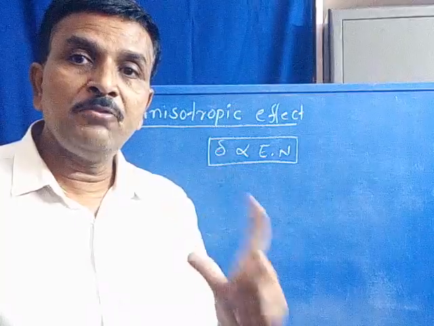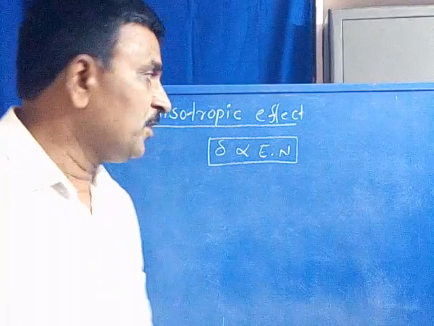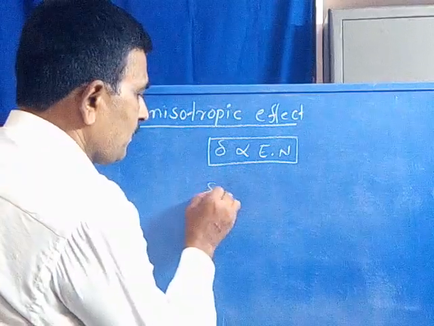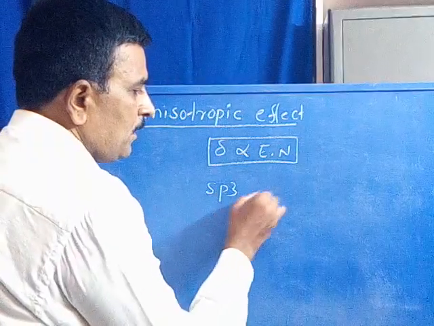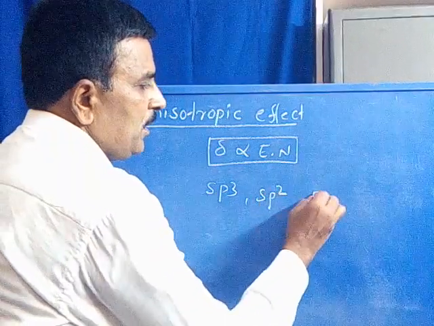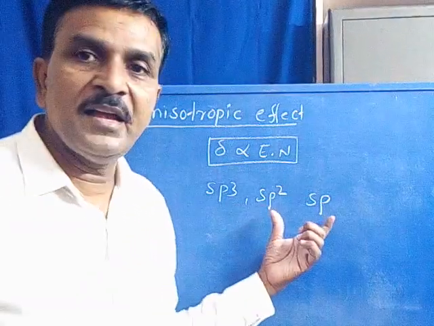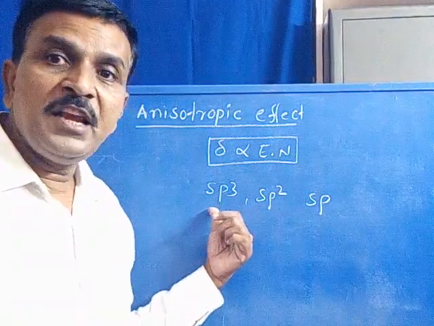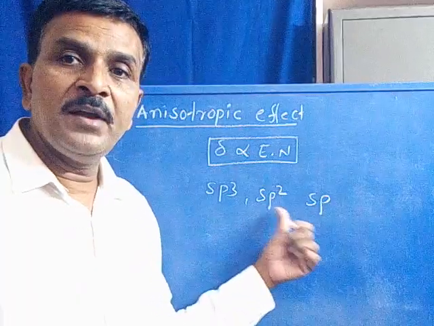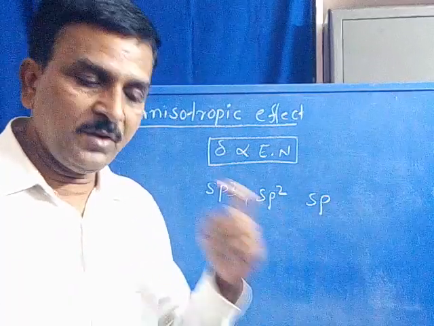So according to this relation, consider a series of sp3, sp2 and sp hybridized carbon. This is the series of hybridized carbons: sp3 hybridized carbon, sp2 hybridized carbon and sp hybridized carbon.